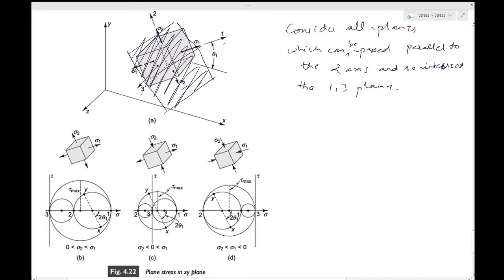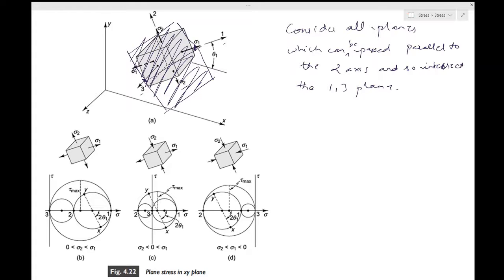Okay, it will cut through the 1 2 plane. It is parallel to the 2 direction. Okay, and clearly it will have this intercept on the 3 axis, it will have this intercept on the 1 axis. Okay, so this is one of the planes, and you can have many other planes, infinite planes for that matter, which are like this.